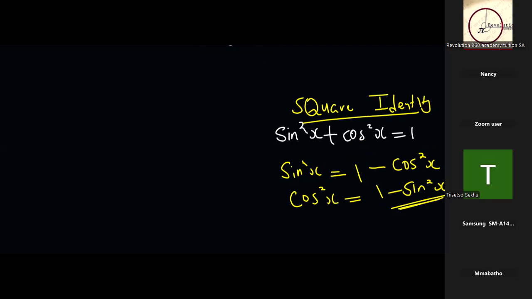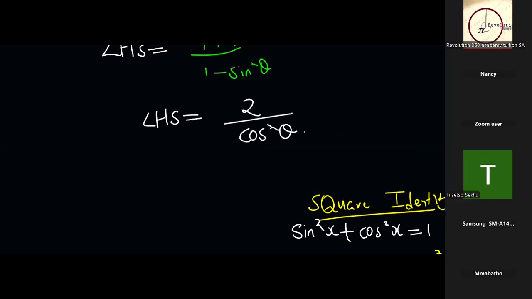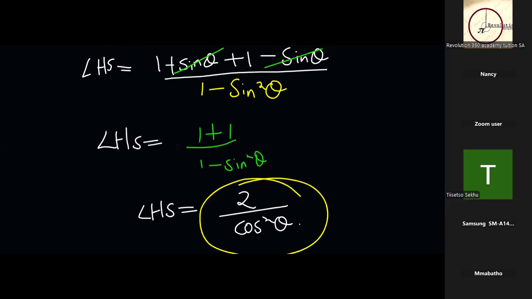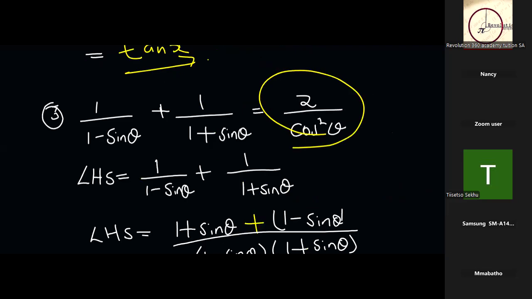If beta, cos squared beta. If alpha, cos squared alpha. Then from here, you compare 2 over cos squared. Let's double check. It's the same as the one that they actually give us. So from here, you conclude and say, therefore, left hand side is equal to right hand side.